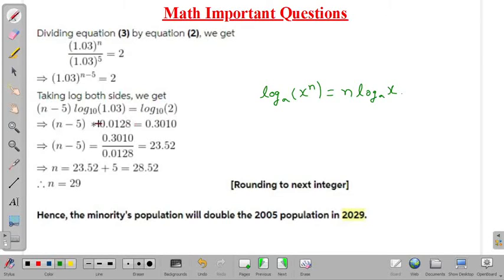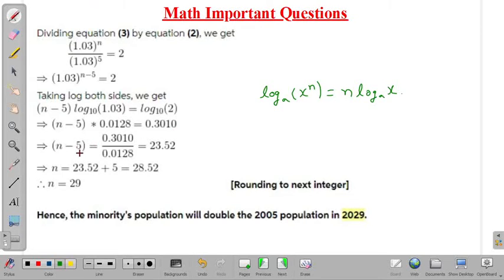Now using the logarithm table we can find the value of log 1.03, or you can use a calculator also. The log 1.03 value is 0.0128, while the log 2 value is 0.3010.